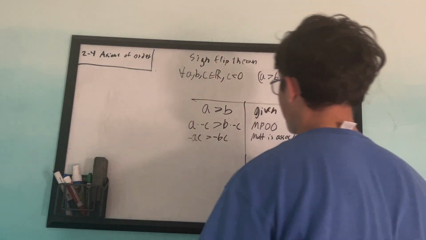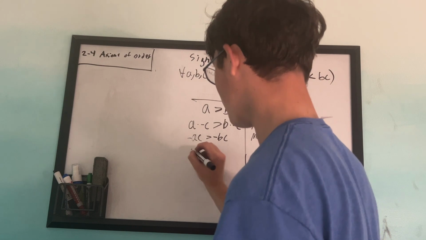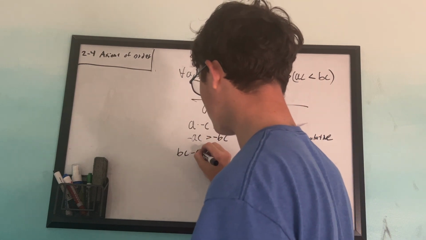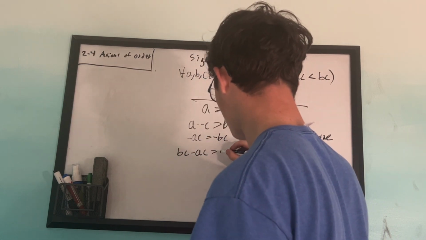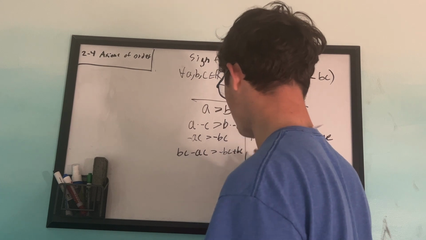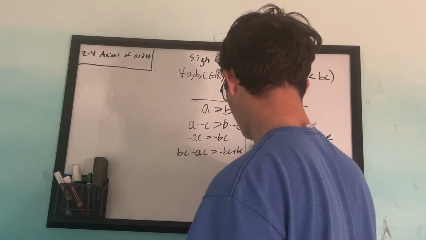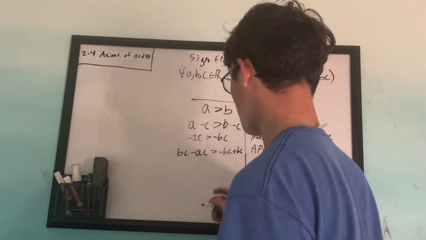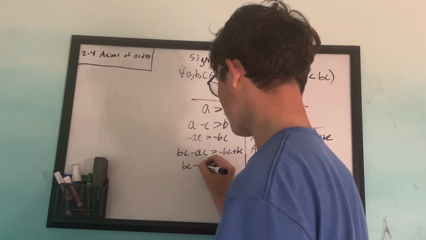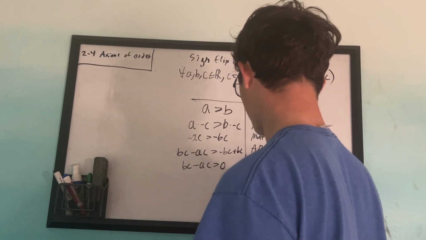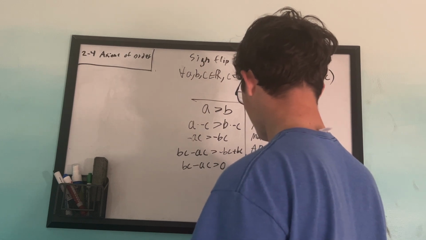And then we can add BC to both sides. So you have BC minus AC is greater than negative BC plus BC. That's our addition property of order. Simplify the left side into 0 because that's the additive inverse rule.